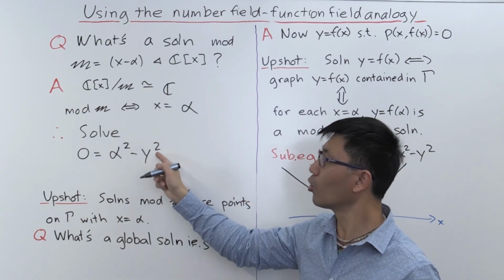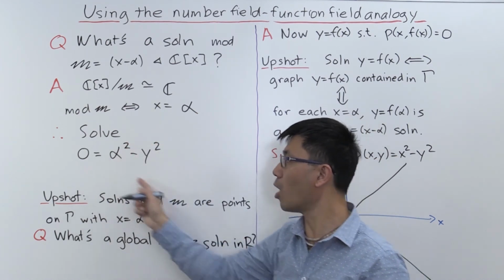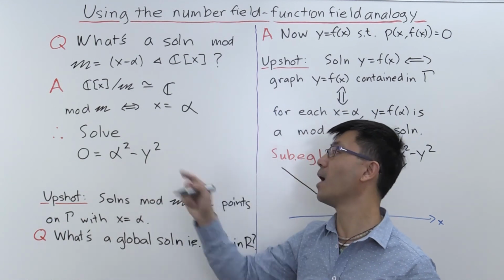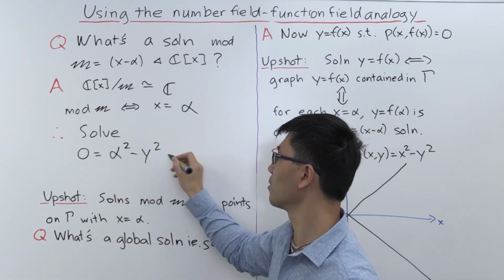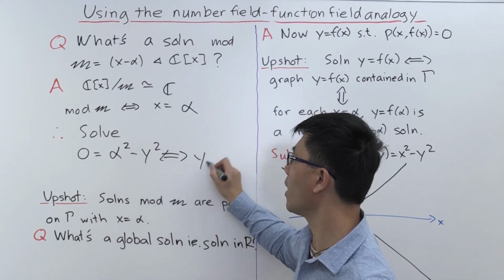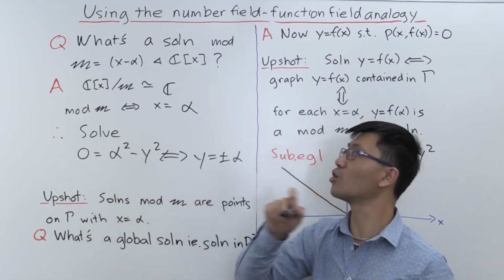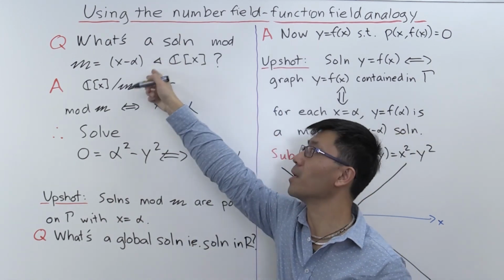And so we're just looking for complex solutions. And this is, of course, just a complex polynomial now in y. And so it's quite easy to solve, right? So the solutions to this are just y equals plus or minus alpha. Okay, so that's the solution when you go modulo M, if M is this maximal ideal there.